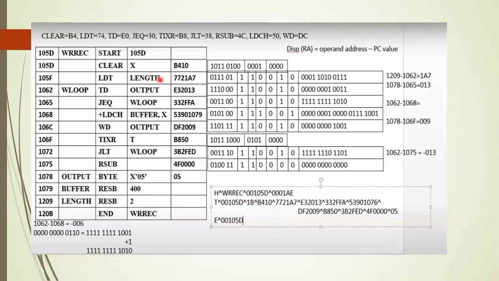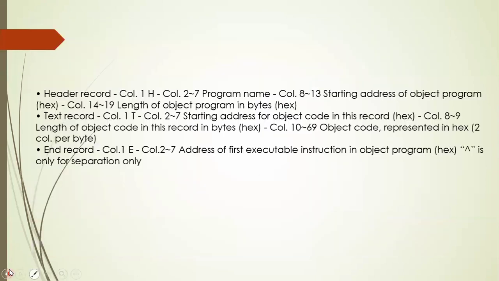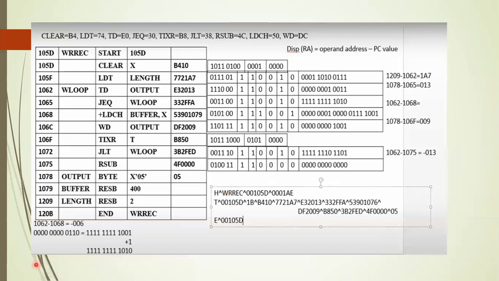Next is the location of the first instruction, which should be written within the address columns 8 to 13. So within these bytes, we have to write it, and it consists of 6 digits. So 105D, and before it we add 2 zeros because we have to represent it in the format of 8 to 13.